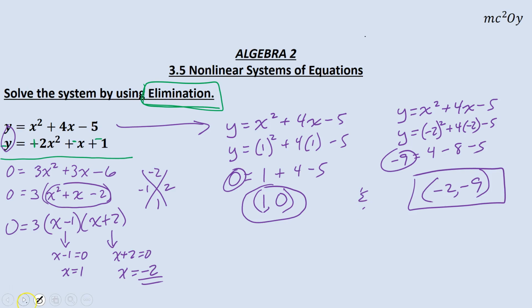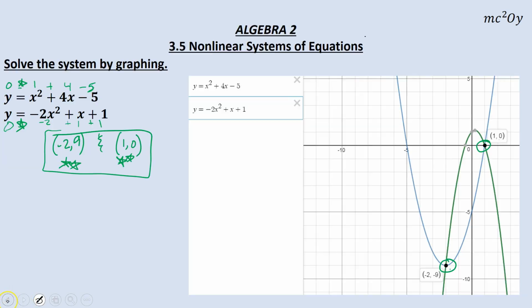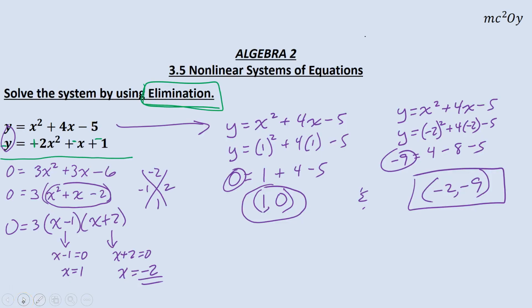Notice those are the same solutions, 1, 0, -2, -9, that we had over here. 1, 0, -2, +9. So did I mess up here? 4 minus -8, and just double check my work here.